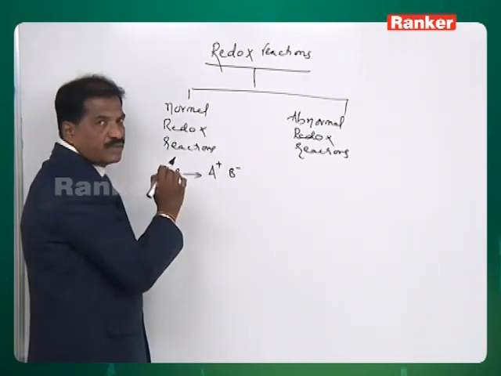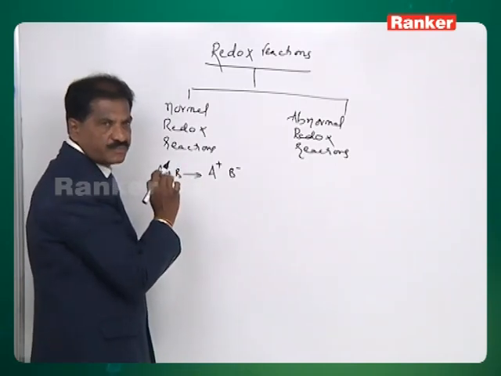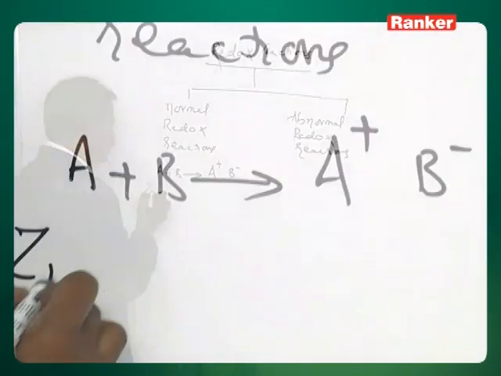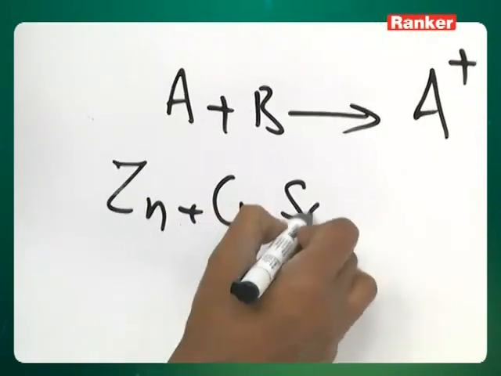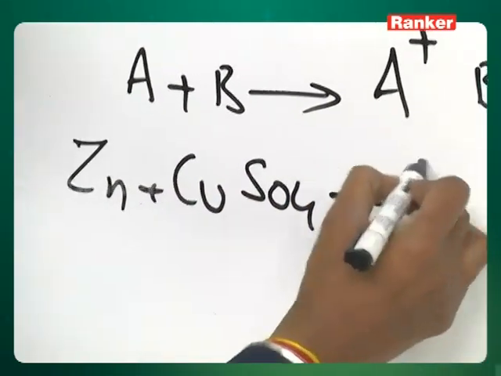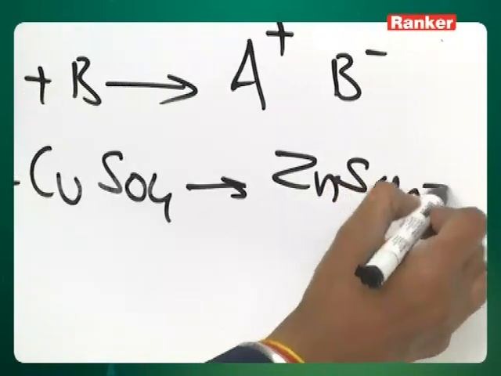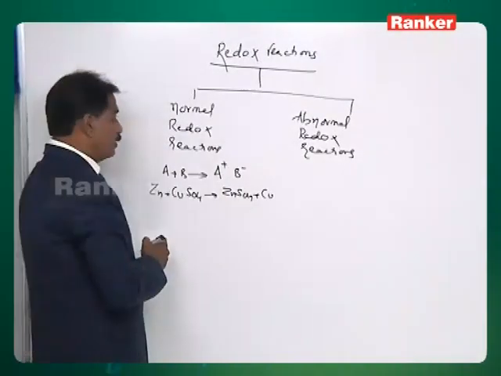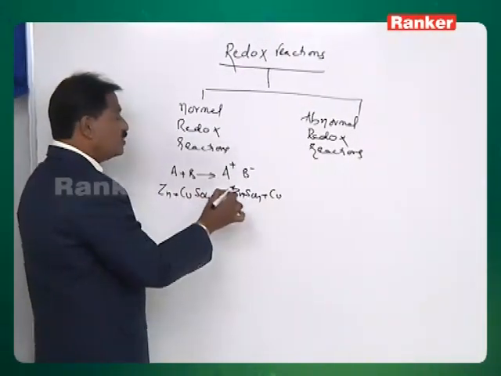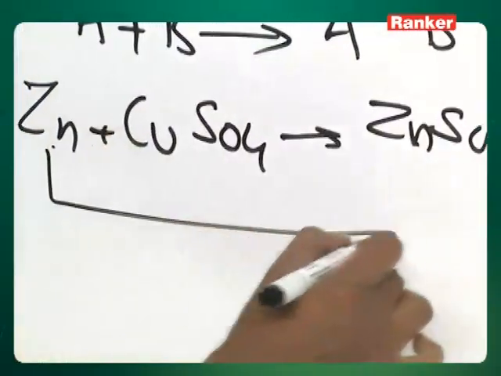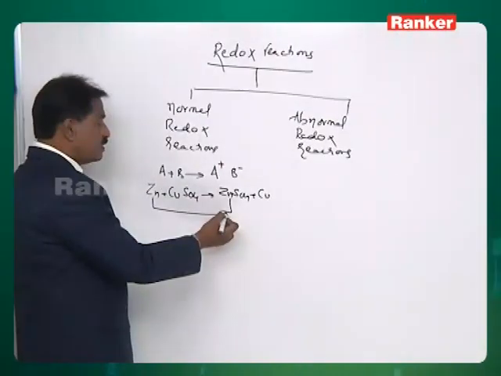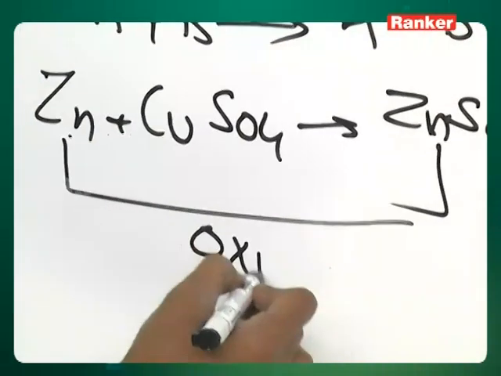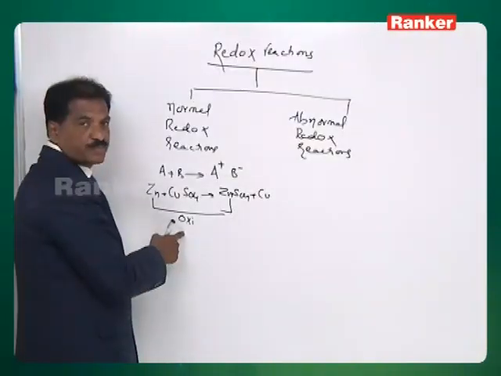The best example for a normal redox reaction is zinc reacting with copper sulfate. Therefore, here zinc sulfate plus copper. In this reaction, zinc is losing its electrons, hence it has been converted into Zn2+. Zinc is losing its electrons, therefore we can say zinc is undergoing oxidation.